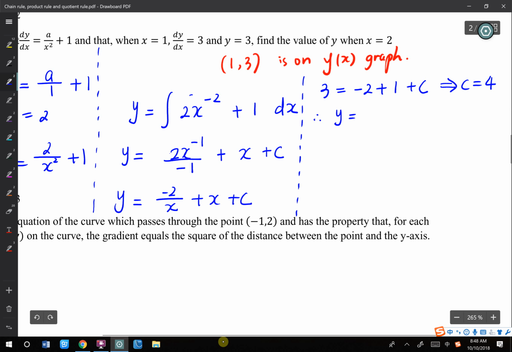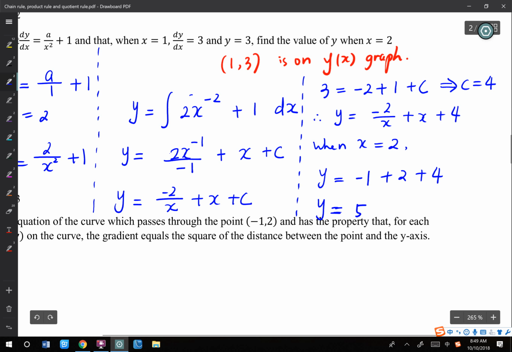So y equals minus 2 over x plus x plus 4. So when x equals 2, y equals minus 1 plus 2 plus 4, y equals 5. So when x equals 2, y equals 5. That's your final answer.